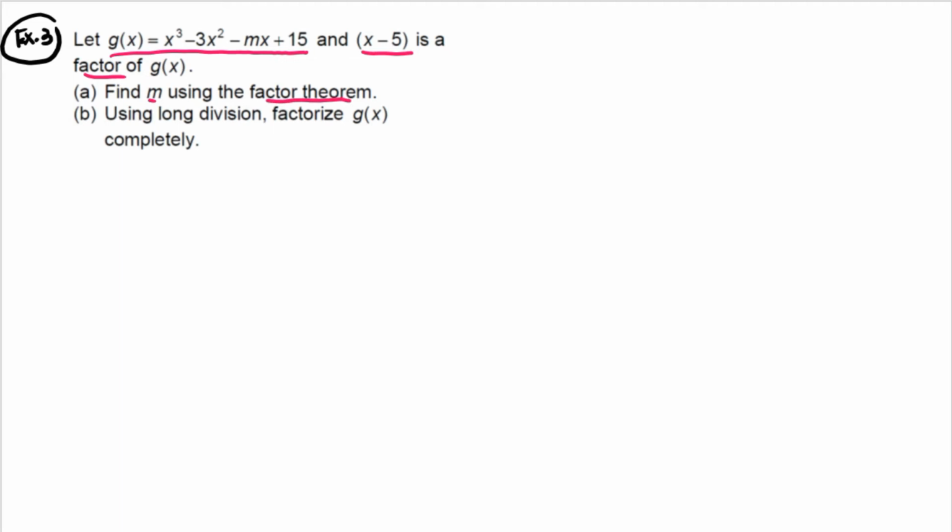When using the factor theorem, because x minus 5 is a factor, g is a polynomial g(x), so we know that g of 5 will become 0, because x minus 5 is a factor. That's the meaning of the factor theorem. So we know that g(5) is equal to 0. You just need to substitute the variable x with 5 and equate it to 0.